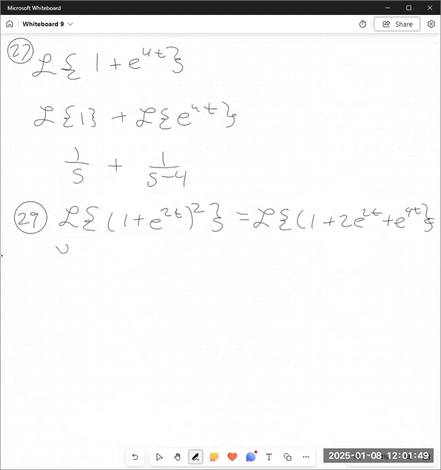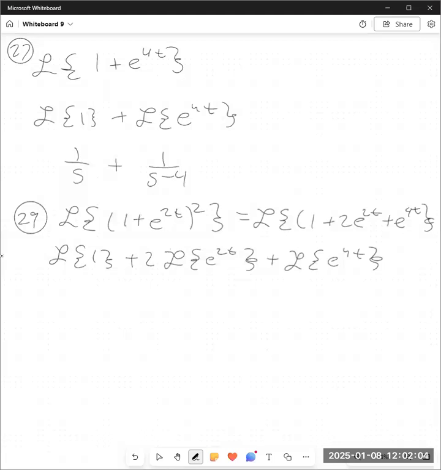So that's going to be the Laplace transform of 1 plus 2 times the Laplace transform of e to the 2t plus the Laplace transform of e to the 4t: 1 over s plus 2 over s minus 2 plus 1 over s minus 4.